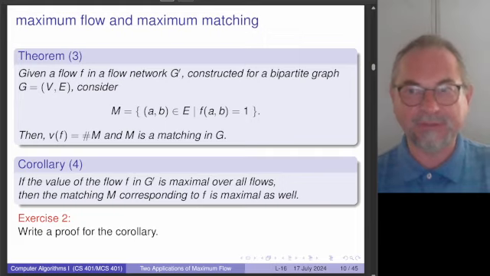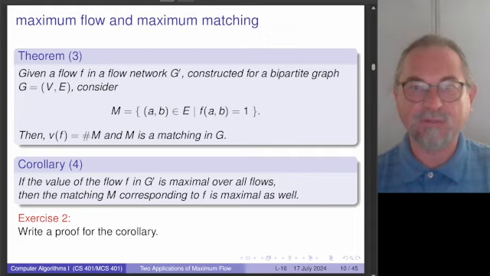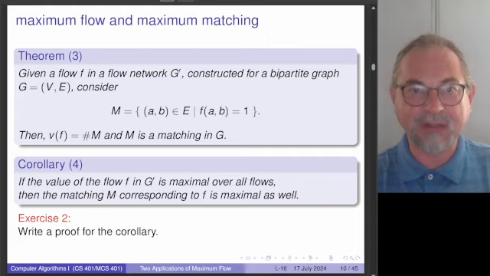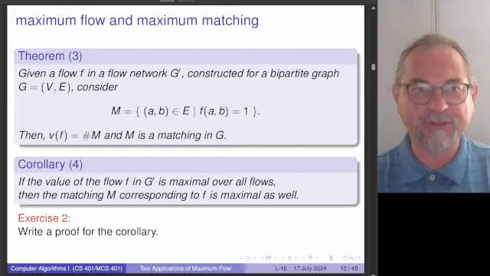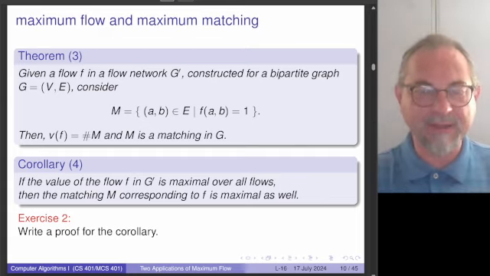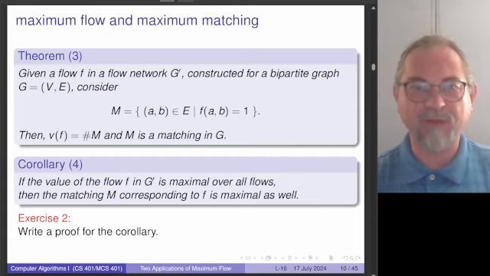So the previous lemma stated that we had a matching. And the lemma before that stated that the number of elements in our M prime, so there is a direct one-to-one correspondence between M prime and M, equals the value of the flow.